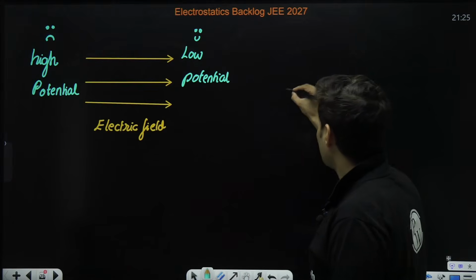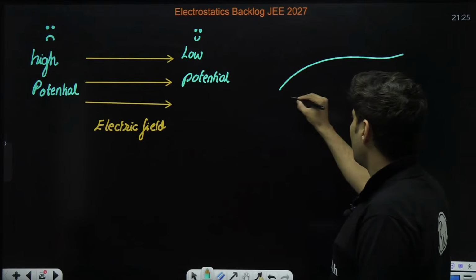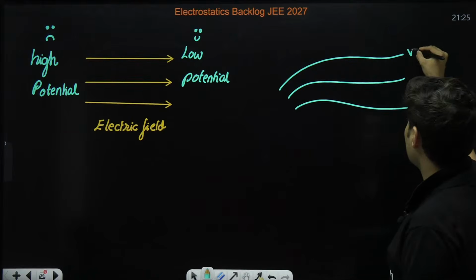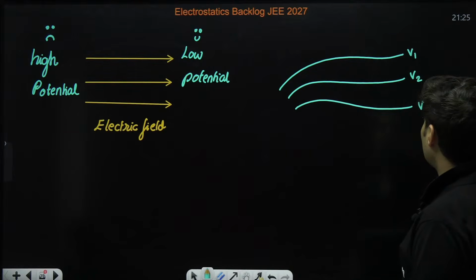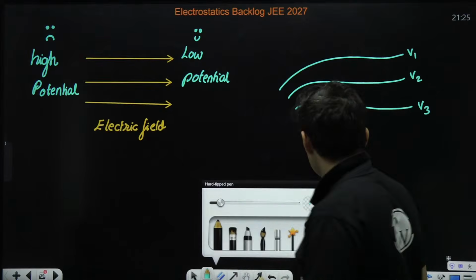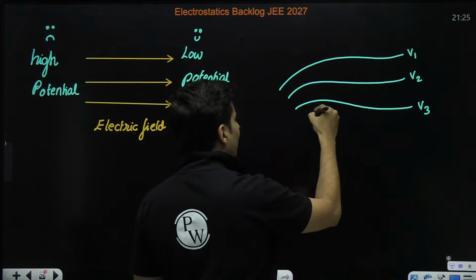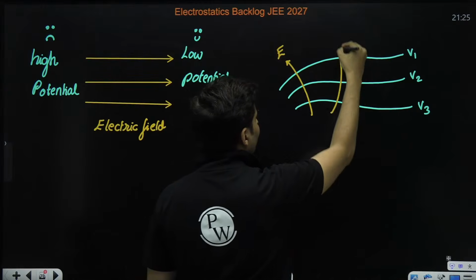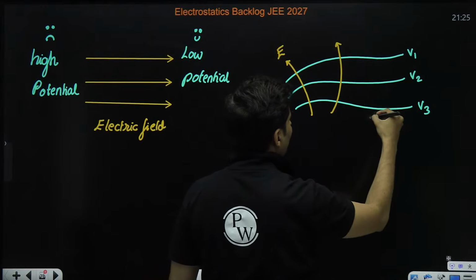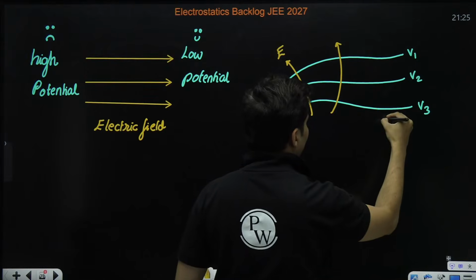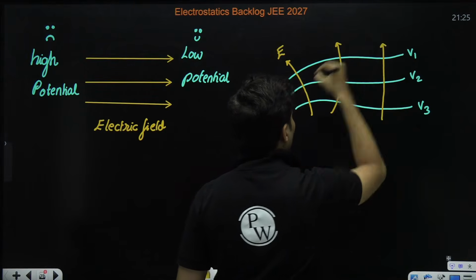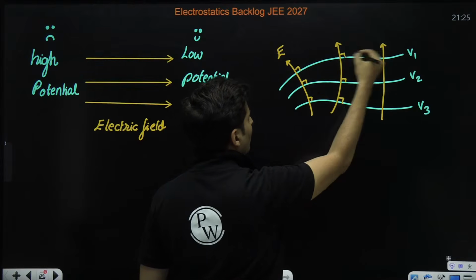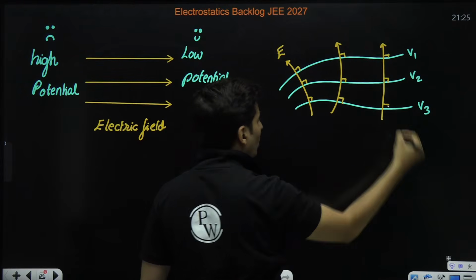This is always going to be true. So also if you have some equipotential lines, let's say this is V1, V2, V3, you will notice my electric field lines everywhere will be perpendicular to it, something like this, because it has to go in the direction of lowering potential energy.